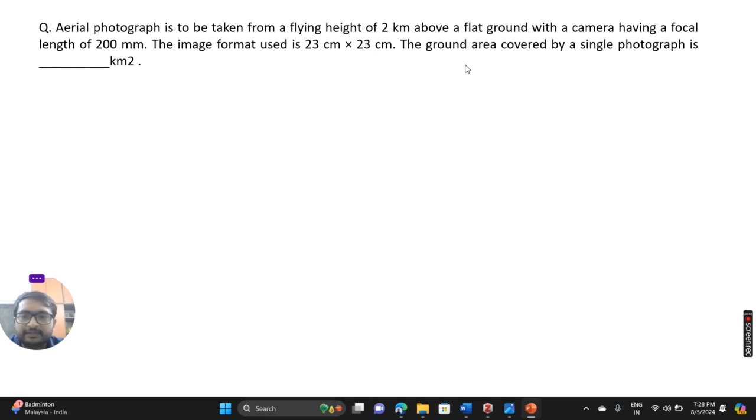If we get an image of 23 by 23 centimeter, what will be the corresponding area on ground? Here we are not having a linear application, but an application in terms of area. I'll give you 2 minutes, just try this question by yourself and then we will solve it. This is a similar question of finding the scale. The scale is equal to f divided by H minus small h.